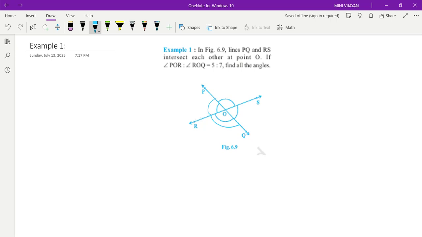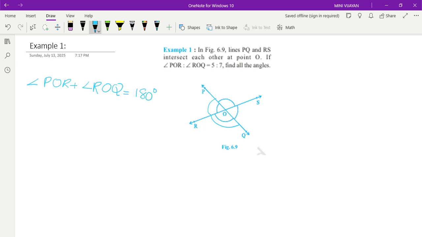The measure is 180, which means when you add angle POR and angle ROQ, we will get 180 degrees.